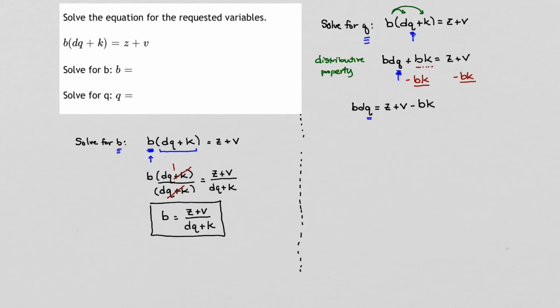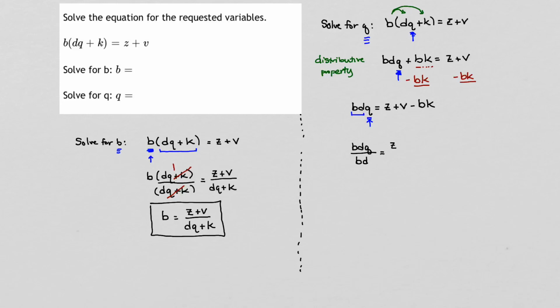Now, again, I'm trying to get q by itself, right? We're solving for q. What do I know? Q is a factor being multiplied by b and d. And so to get q by itself, I simply have to get rid of the bd. But because they're multiplied by q, to remove them I have to do the opposite operation, which is division. That is, I'm going to take bdq, and to get q by itself, I'm going to divide by the factor bd.